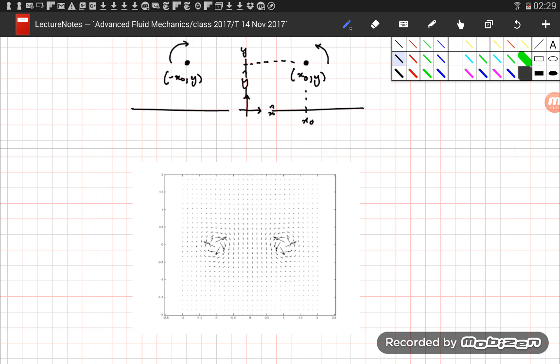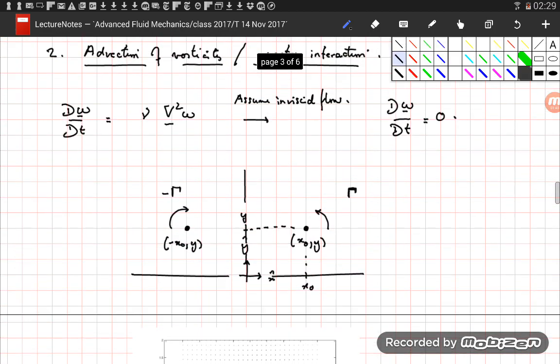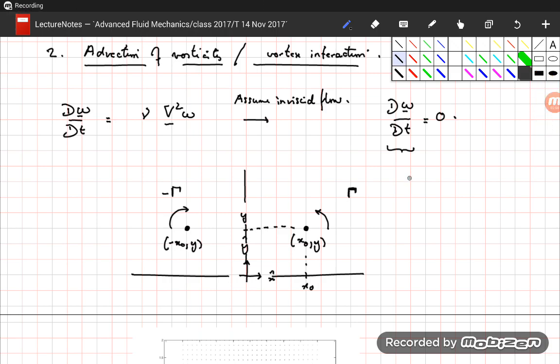Regardless, this is the velocity field, right? But the question is, what happens to those two vortices? And for that, we have to remember what this represents. So this represents the material derivative of omega, the advective transport of omega. Remember that the material derivative represents the time changes as you follow a material element.